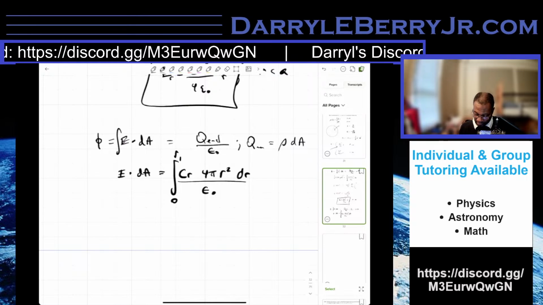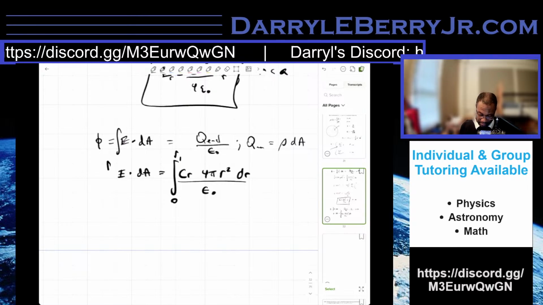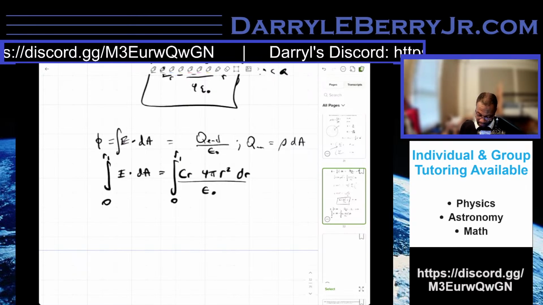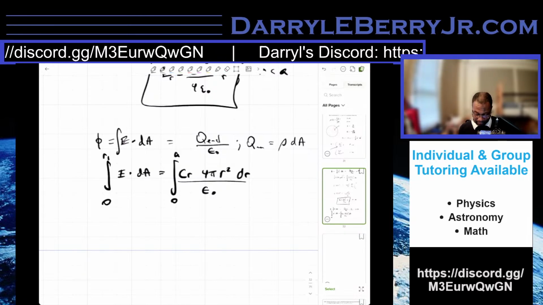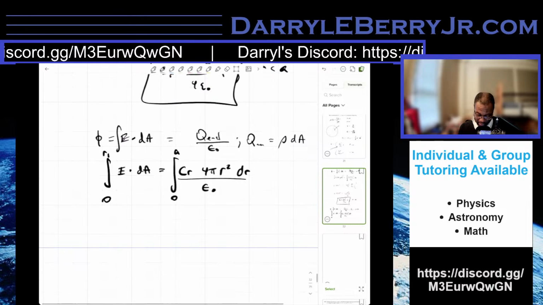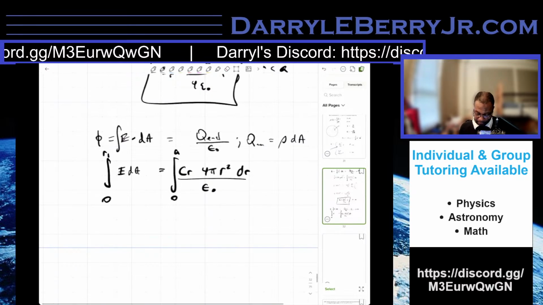Actually, this one is integrating from 0 to R1. This one is going from 0 to A. So the charge stops at A over there. The charge goes all the way up here. I can actually go ahead and do the dot product there.